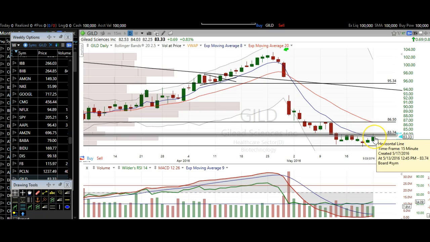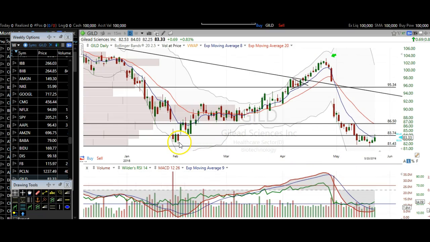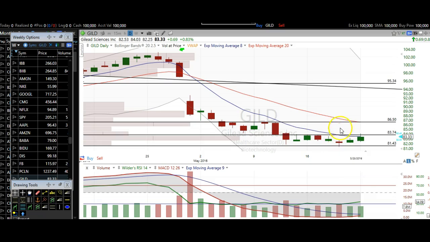And then today as well, we got a rejection at that level as well. On the underside, we've got a couple touches at this 82 level, and it's also from the lows over here. So a break outside of this box, and we can head higher.